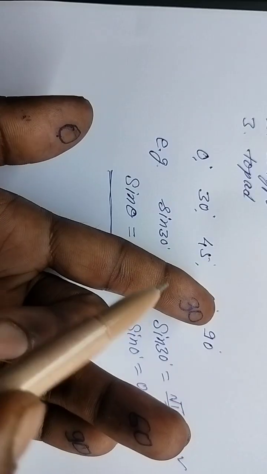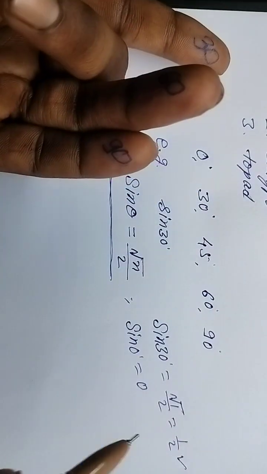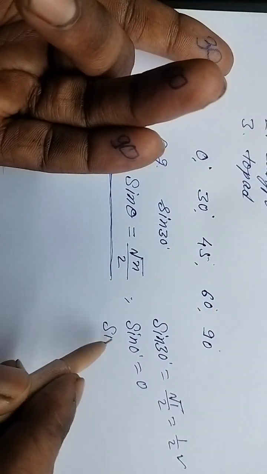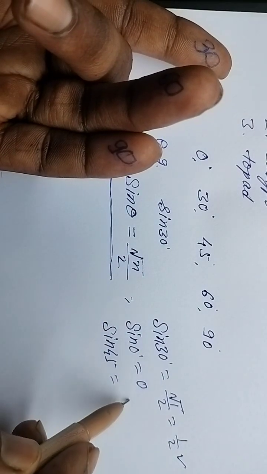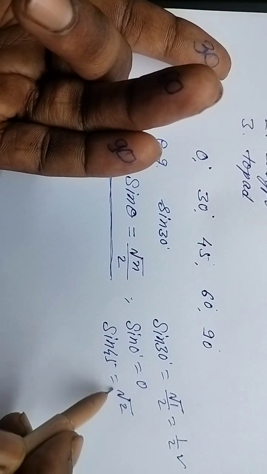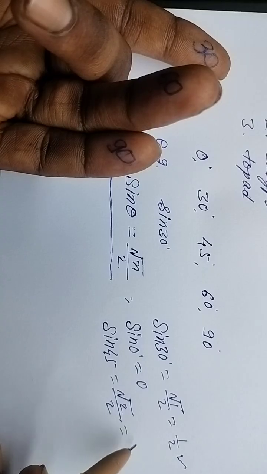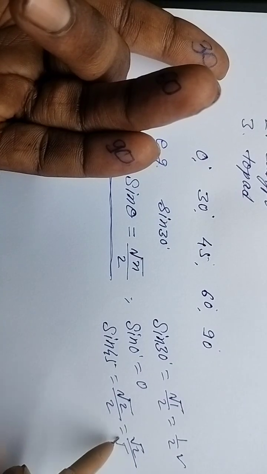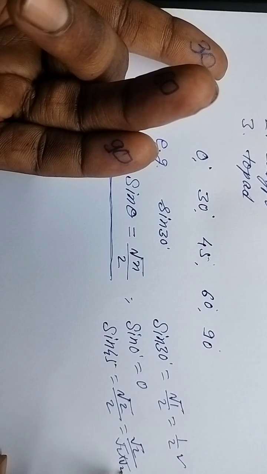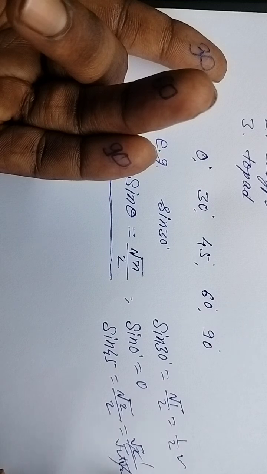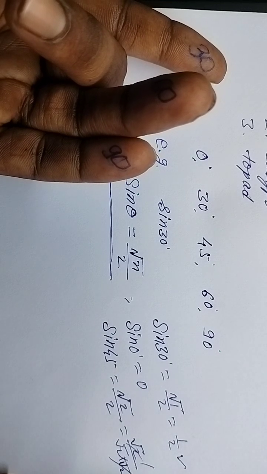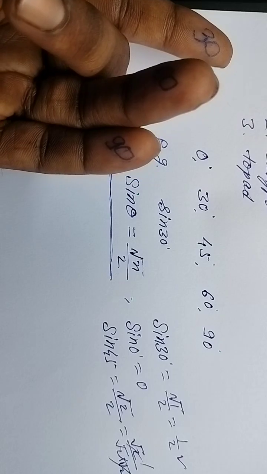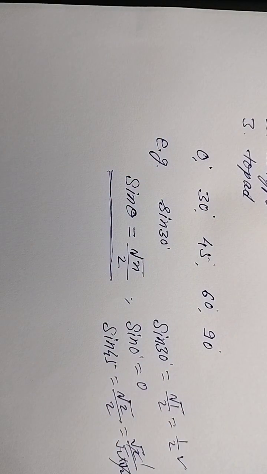The value of n we get is only 2. That means for sin 45, put the value of n in my formula: under root 2 by 2. This can be written as, multiply by root 2, root 2 cancel. Finally, the value of sin 45 is equal to 1 upon root 2.